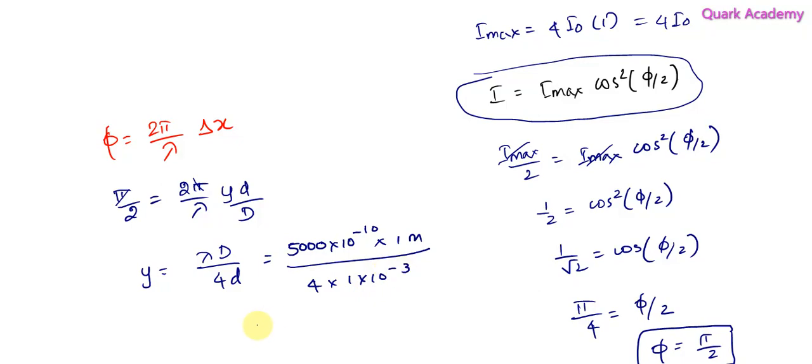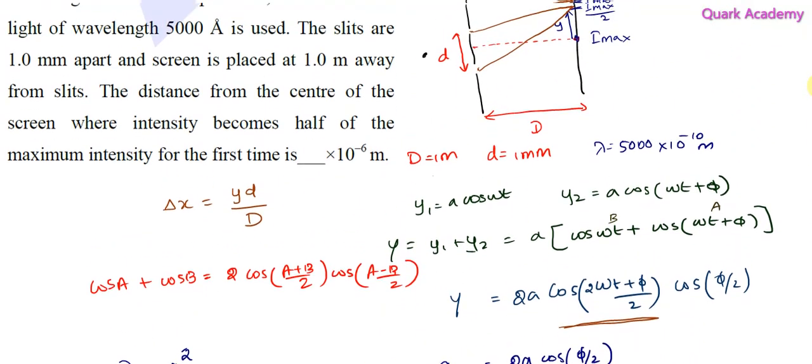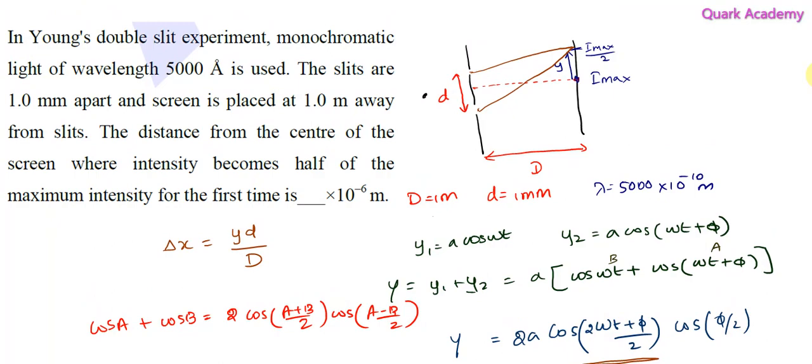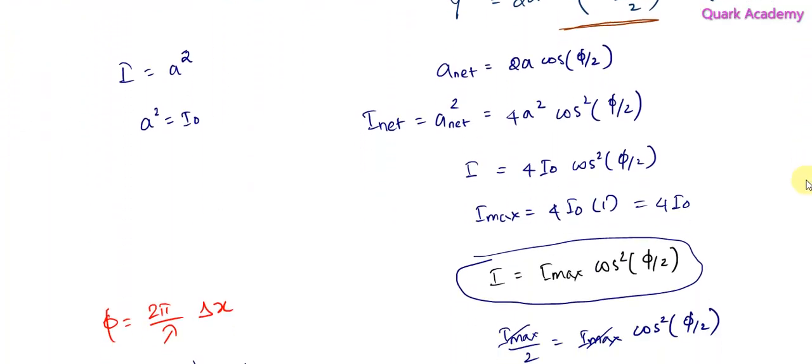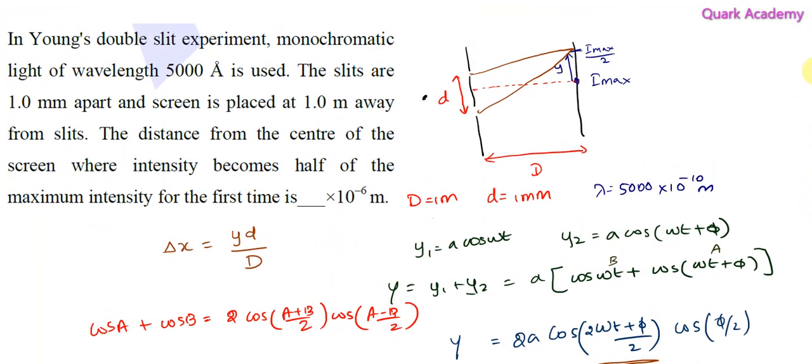1 meter. This is 1 millimeter. So 1 into 10 power negative 3 will become 125 into 10 power negative 6 meters. Is it 1 millimeter? Yeah. 5000 angstrom.